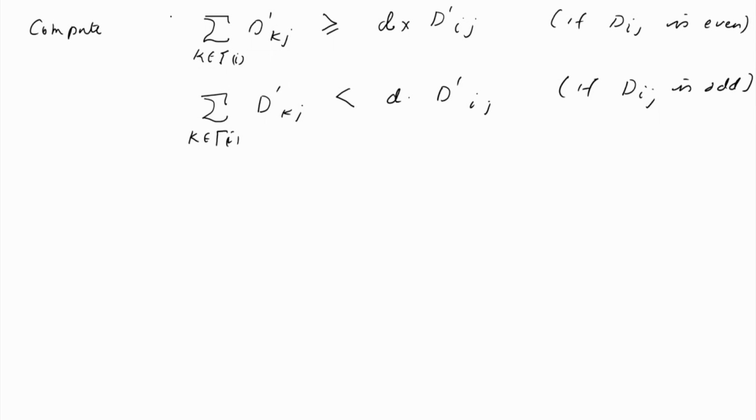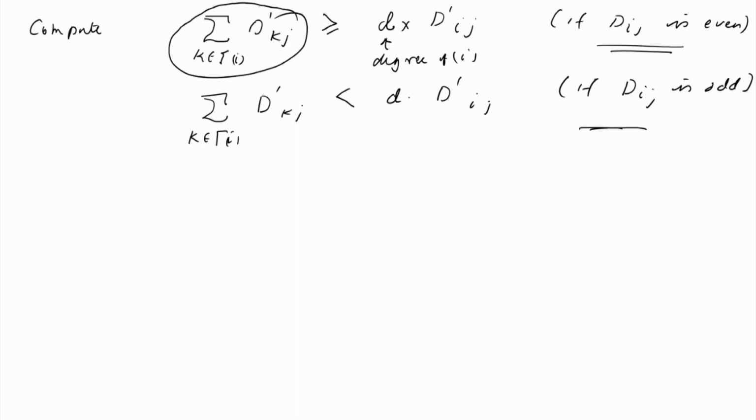So, if we wanted to know whether d_ij is odd or even, we basically need to compute the quantity summation over k belonging to neighbors of i of d'_kj, and if it is greater than the degree of i times d'_ij, then we can conclude that it is even, otherwise we can conclude that it is odd.